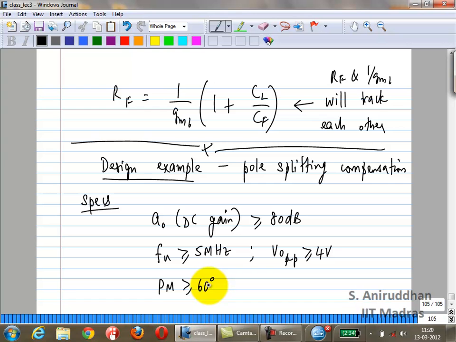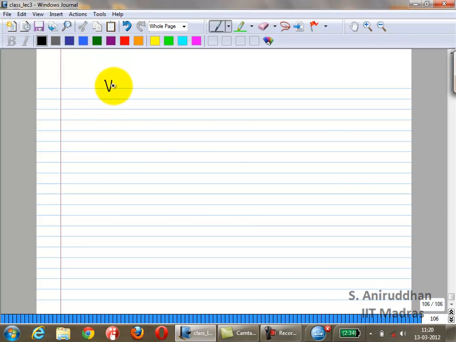Phase margin is greater than 60 degrees. And finally slew rate is greater than or equal to 10 volts per microsecond. Okay, these will be your design specs. So let us say I ask you to design such an op-amp. And of course I'll give you the usual things. I'll tell you VDD is 5 volts. Let's say these are slightly different from what we had before.